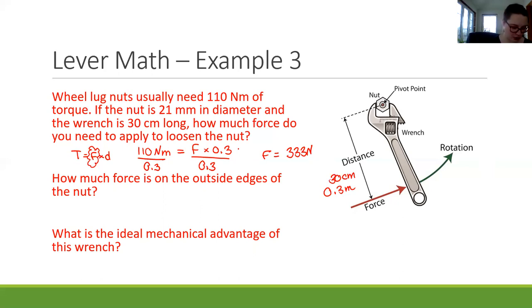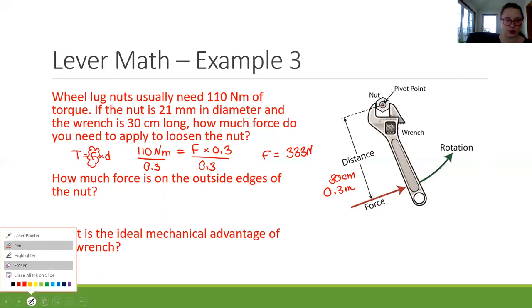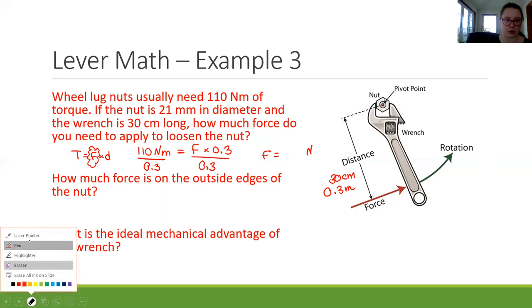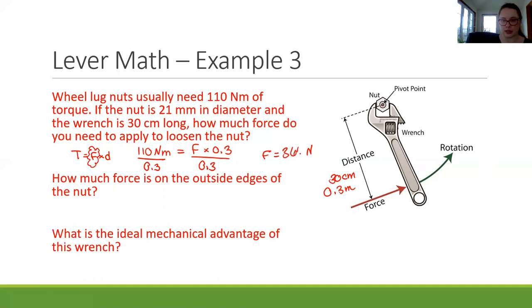Oops, 366. I have scribbled notes because I didn't print this question off. Let's just change that number. 366 newtons. And hopefully somebody will say, oh, wait a second, you didn't round that very well. And we'll put 367 newtons.